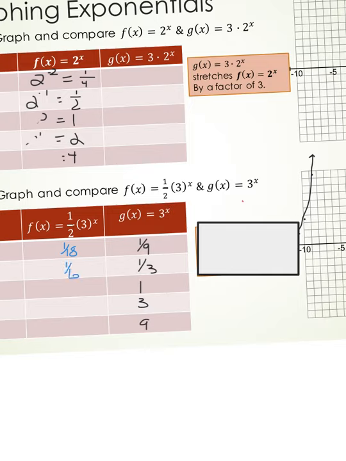For 0, we'll have 1/2. For x is 1, we will have 3/2. And when x is 2, we will have 9/2. Okay, so now we're ready to go over and graph it.